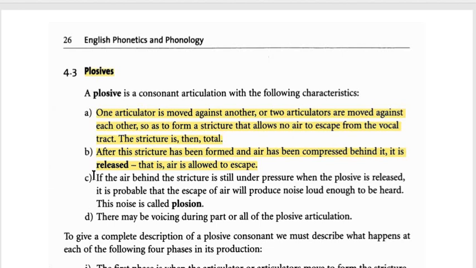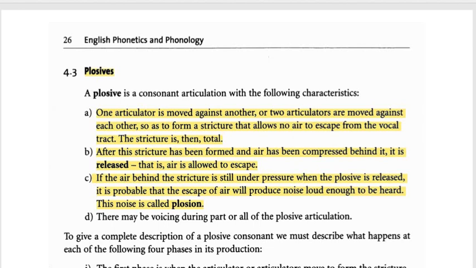If the air behind the structure is still under pressure when the plosive is released, it's possible that the escape of the air will produce noise loud enough to be heard.